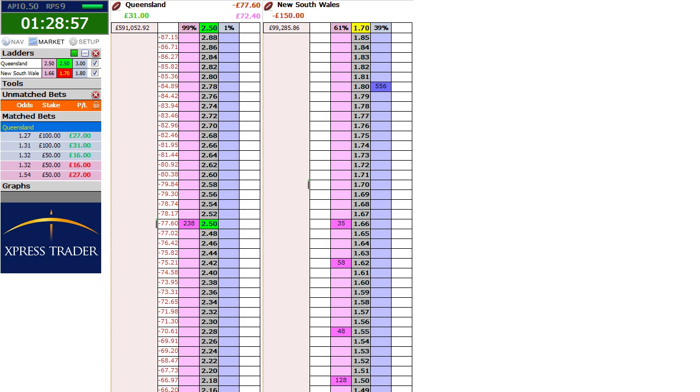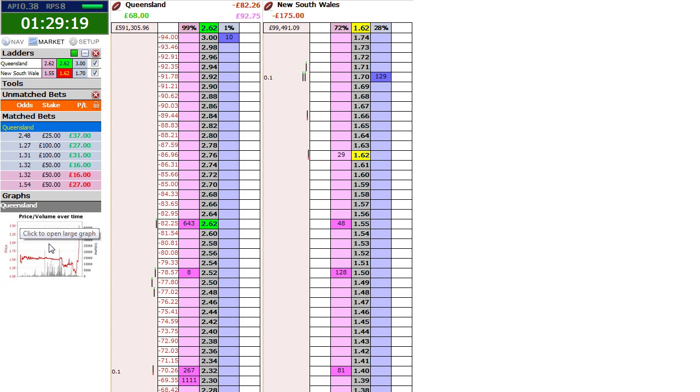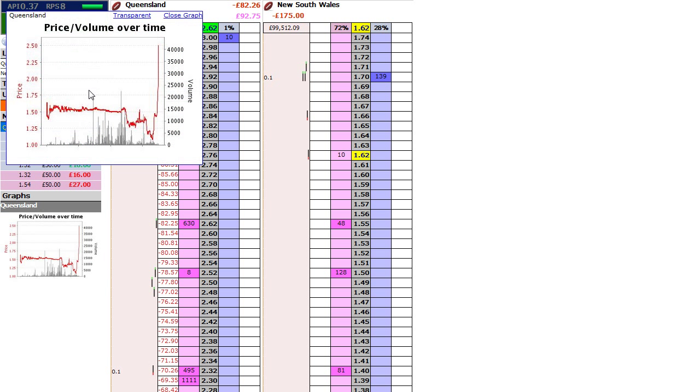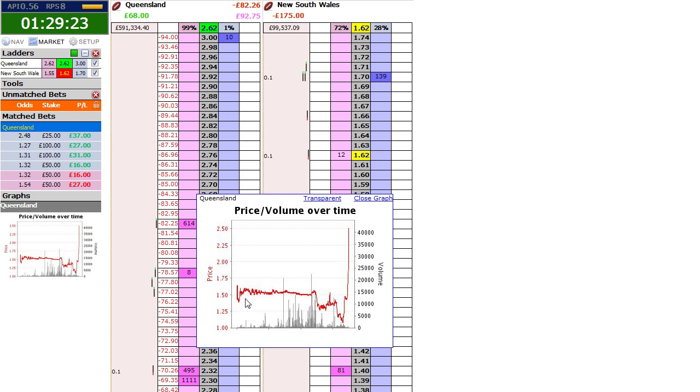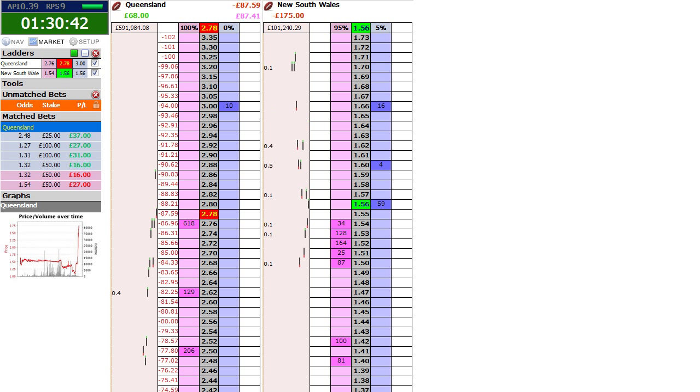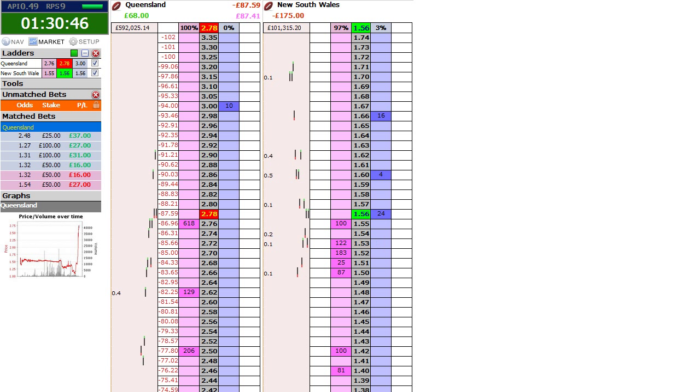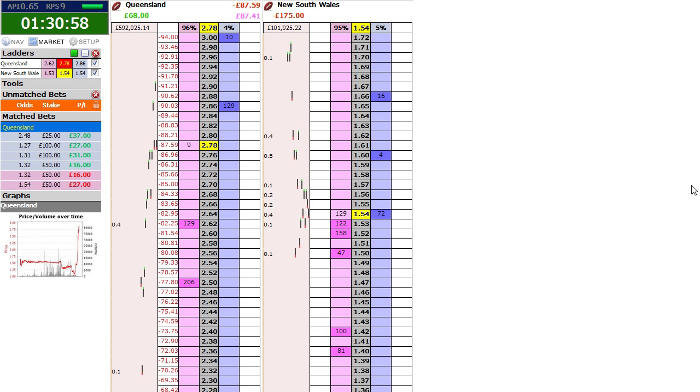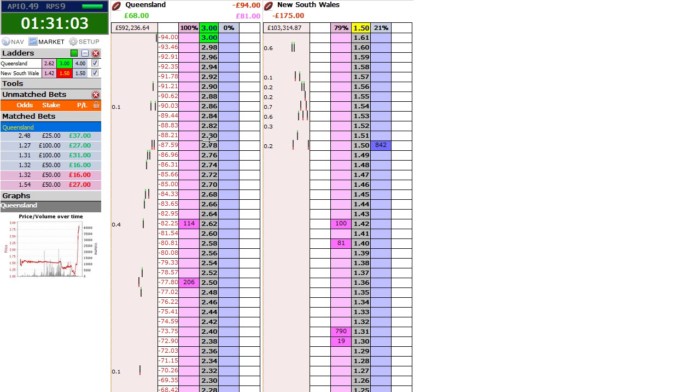I've jumped the video forward where they've now scored again, and you see at the top they're trading at 2.5, so that will activate our stop entry trade, come in at one tick lower at 2.48, and it has backed Queensland for a further £25 at 2.48. That now exposes me to 175 if New South Wales win, and a potential win of 68 if Queensland win.